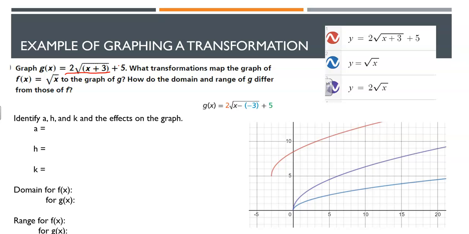Now what I did here to help you out a little bit is to look at the transformation. I graphed the original, this would be my parent function, y equals the square root of x. I graphed that one here. And then I went ahead and graphed 2 times the square root of x, because the 2 is greater than 0, so it's causing a vertical stretch.